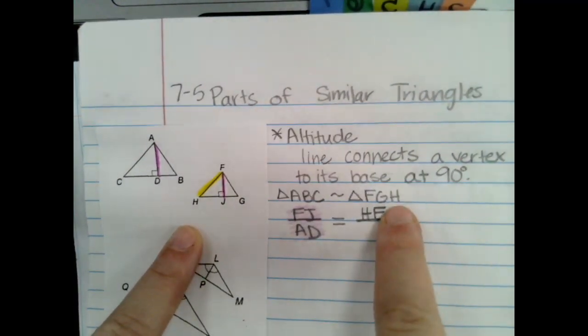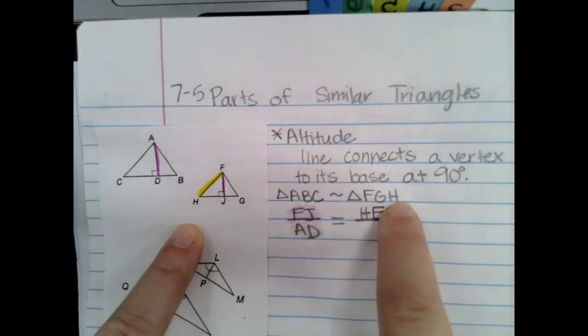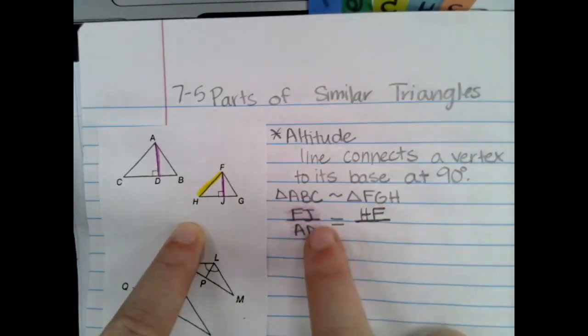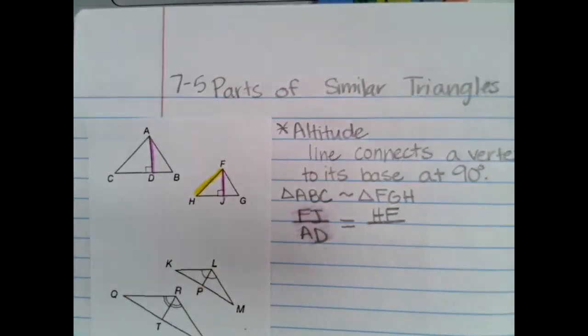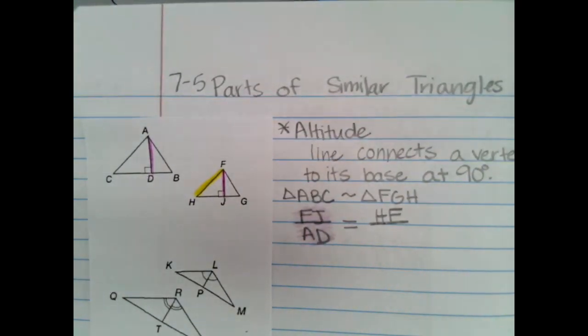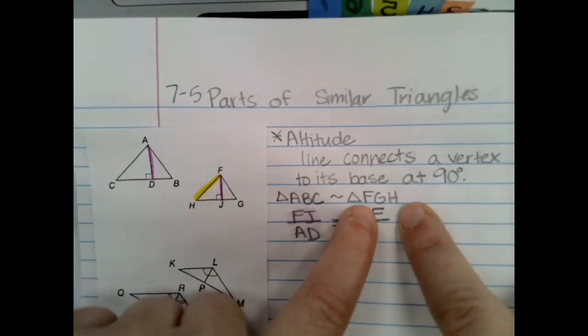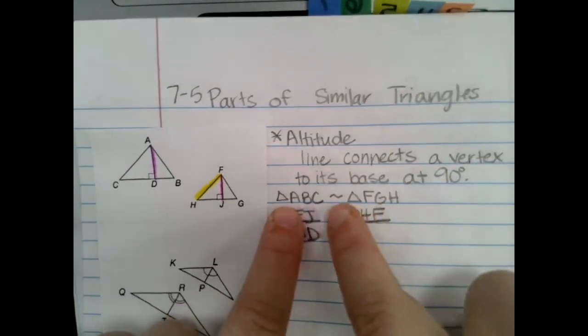FJ and HF are my outside letters here. So I just want to double check that that works with the second triangle here. What would match our outside letters? AC.